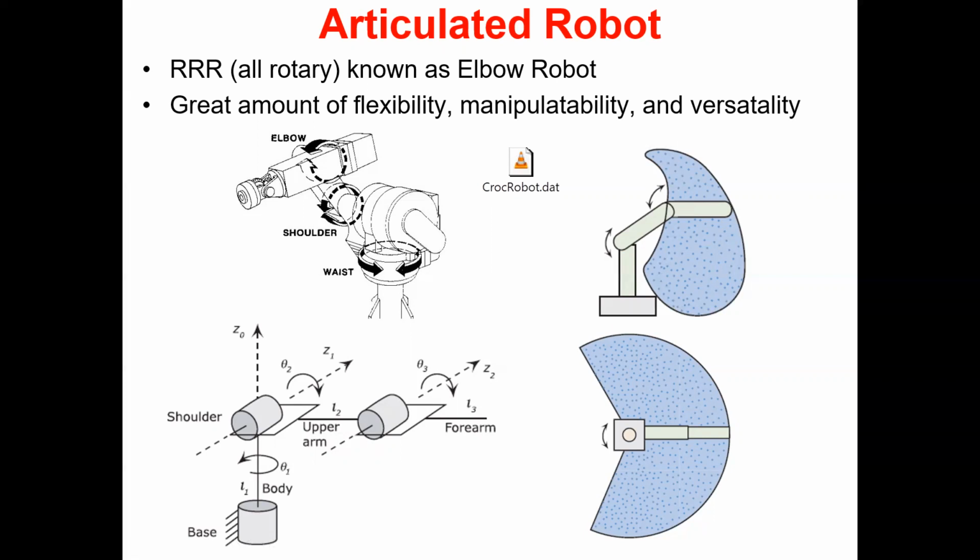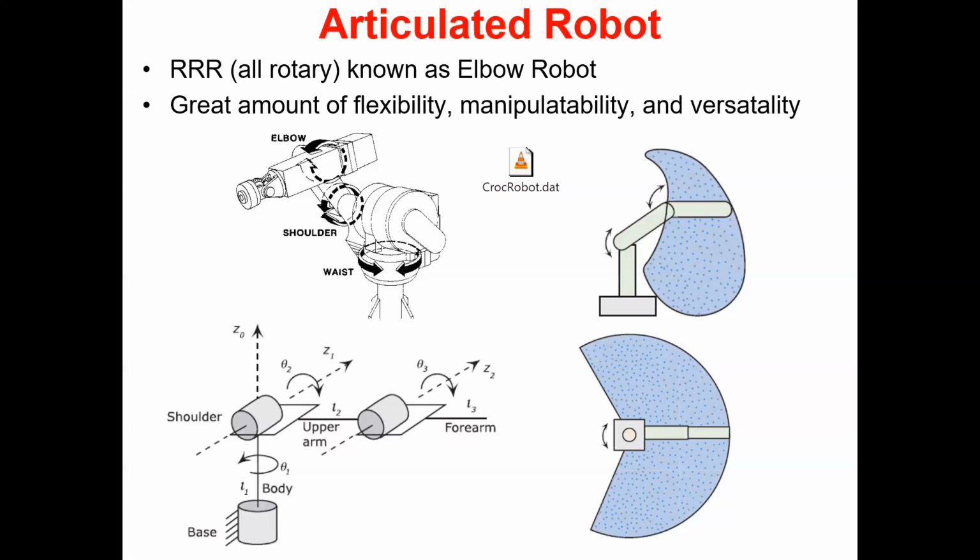Like, for example, the human hand. Look at the human hand, right? If you cannot grab something on a rack, there are so many ways you can approach that object. You can approach it from the top, from a side, from the rear, right?